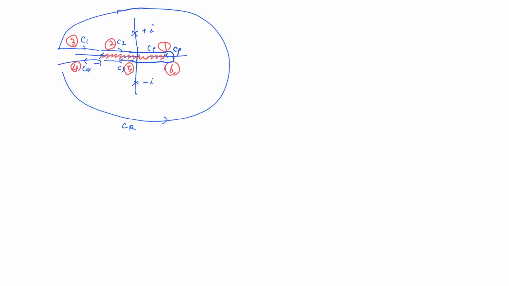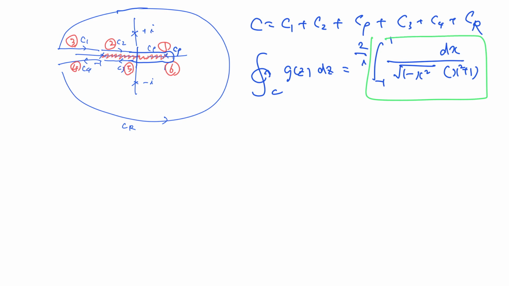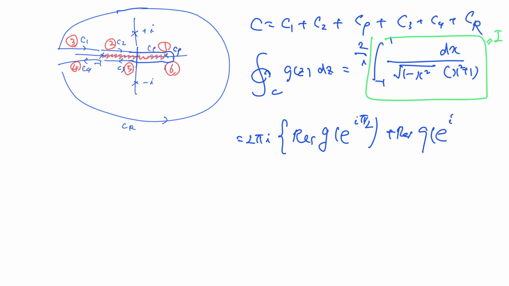So if we integrate over C, g(z), we have i over 2, integral from minus 1 to 1 of root 1 minus x squared over x squared plus 1 dx, which is equal to 2 pi i times the residue of g at exponential i pi over 2 plus the residue of g at exponential i 3 pi over 2.